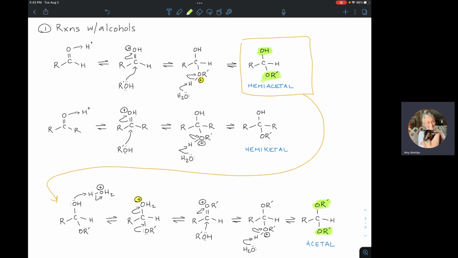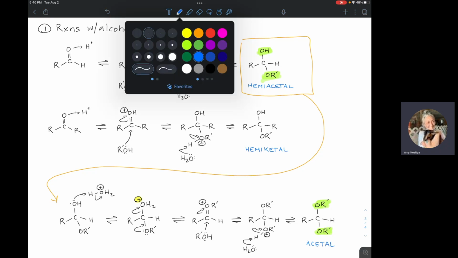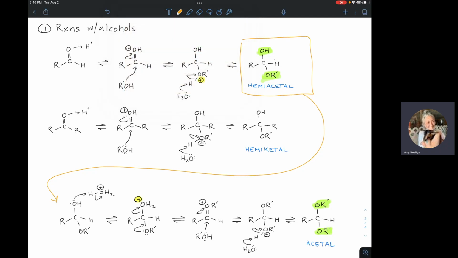The way that you can tell the difference is that if it came from an aldehyde, you have a hydrogen there. If it came from a ketone, you'll have an R group there. This makes it super easy to tell because I'm just using R and H, right? So it's not too difficult to see the difference between the hemiacetal and the hemiketal.